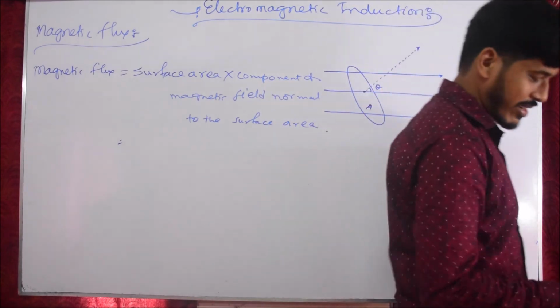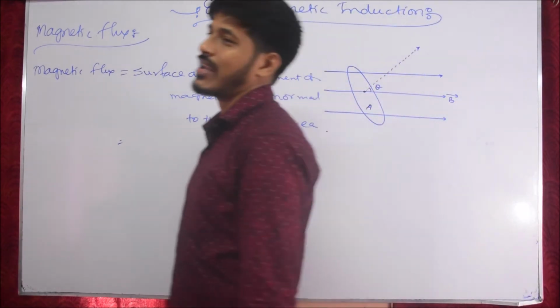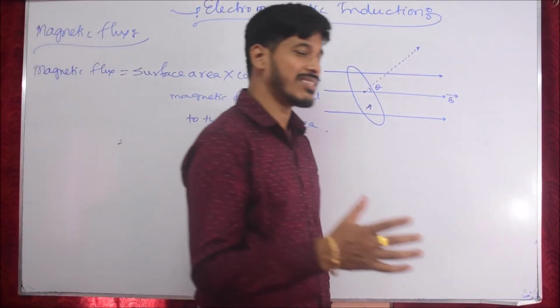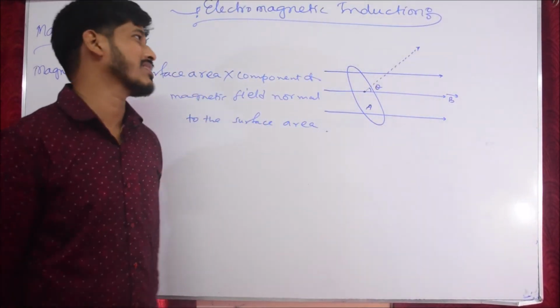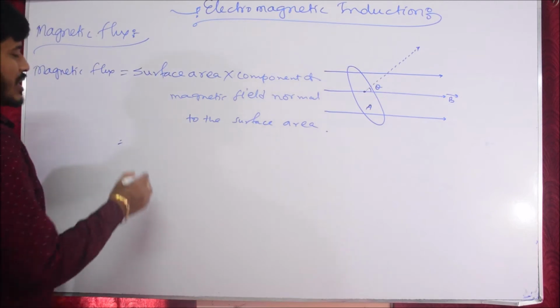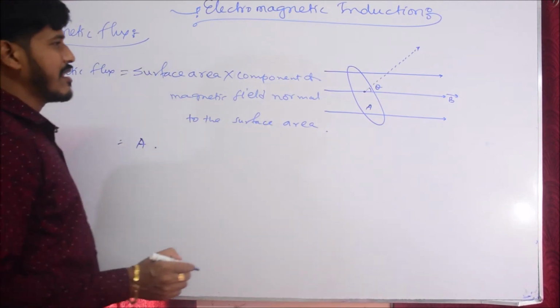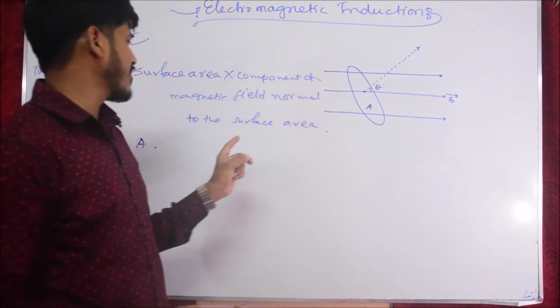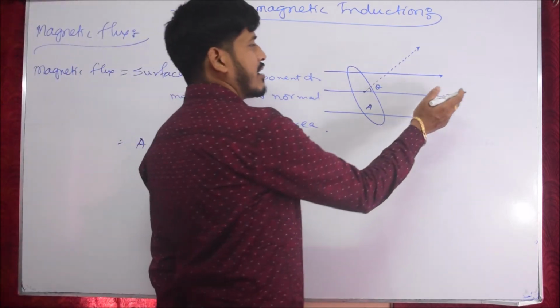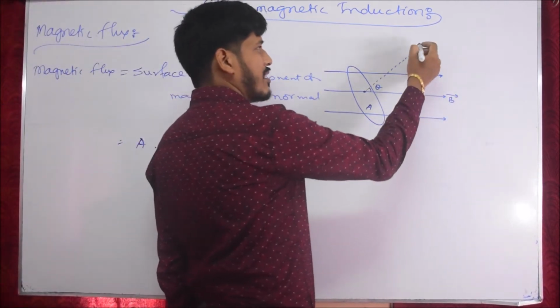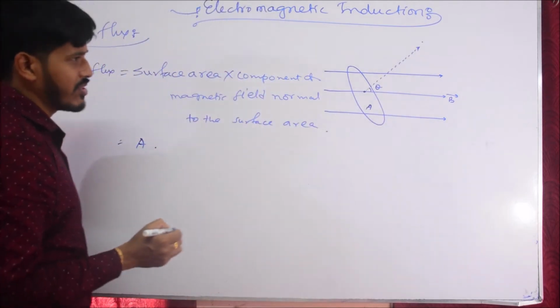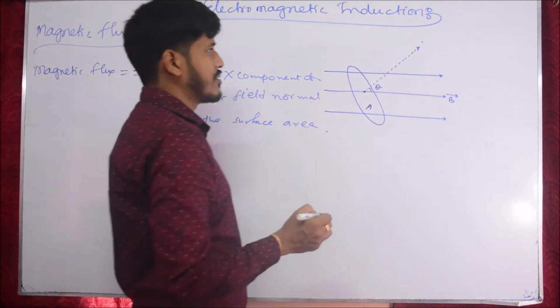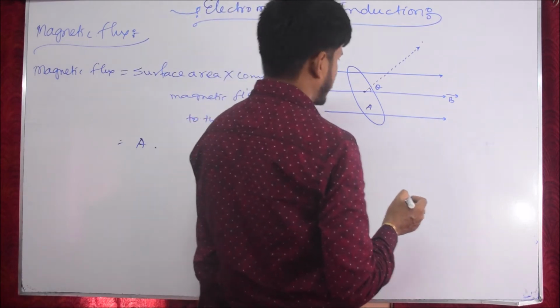Another definition of magnetic flux. Magnetic flux is defined as the product of the surface area and component of magnetic field normal to the surface area. So, here surface area is A and component of magnetic field normal to the surface area. This is the magnetic field. This one is B cos theta and B sin theta.